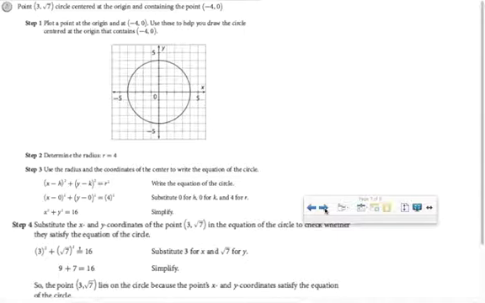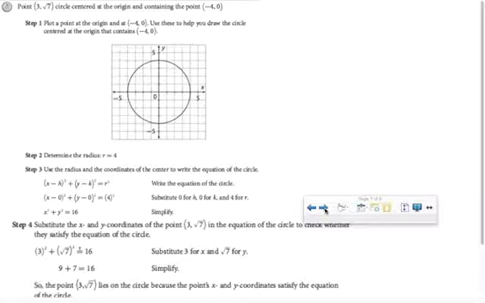Another kind of problem that you should be able to do with the equation of a circle is figure out whether a point lies on a circle. So I'm trying to find out in part A if the point (3, √7) is on the circle that is centered at the origin and containing the point (-4, 0).